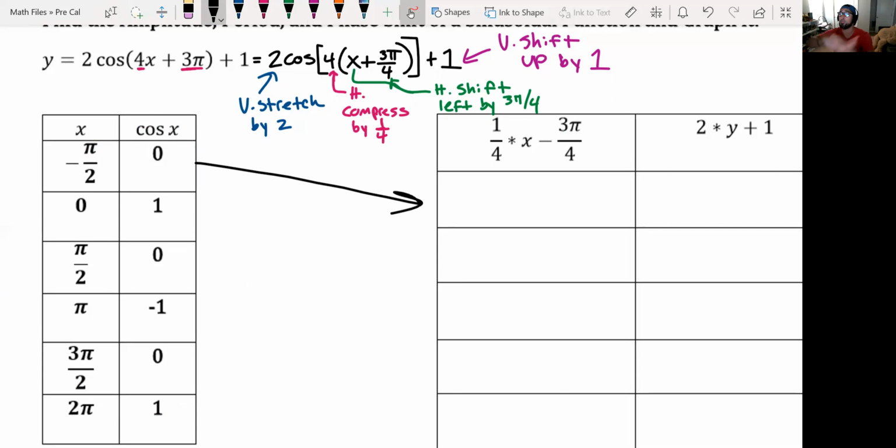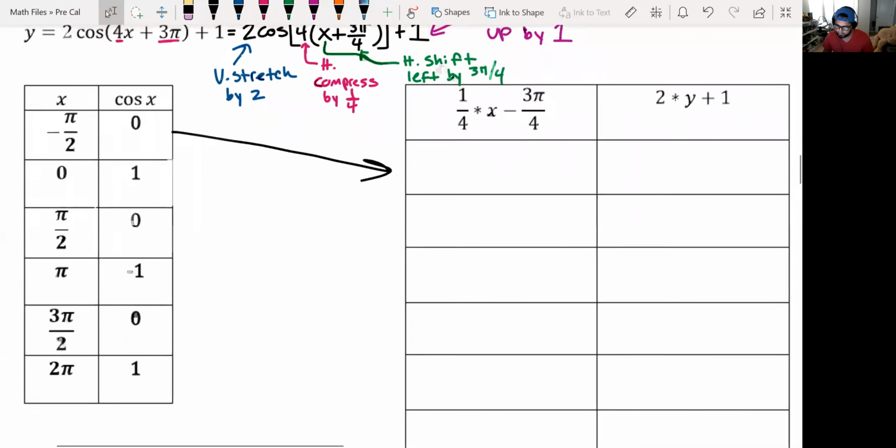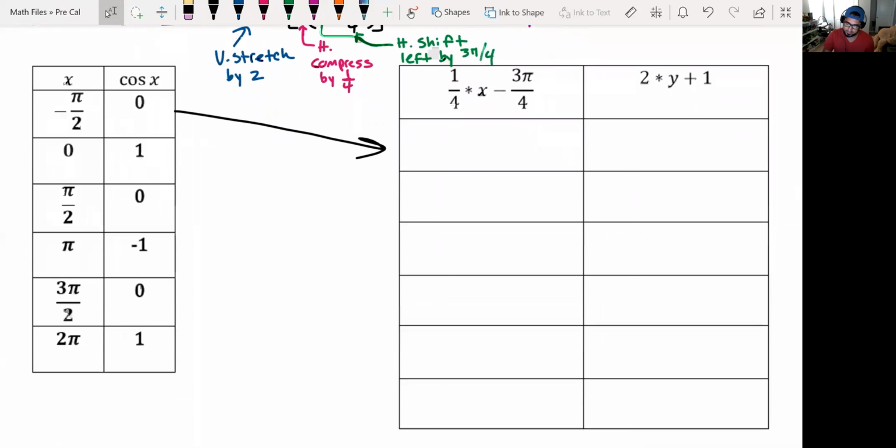Since it's 4, you multiply by the reciprocal. And then since it's x plus 3 pi over 4, we're going to subtract 3 pi over 4. Okay. And then for the y values, you're going to multiply them by 2 and then add 1. So we'll get some calculator work ahead of us. But I'll just take care of the y values for now.